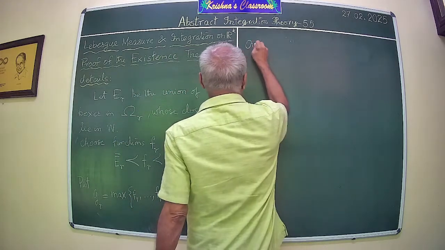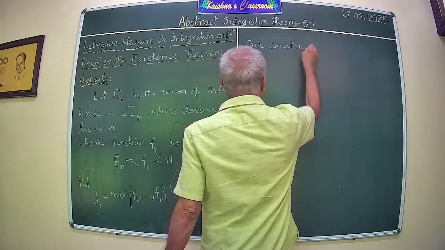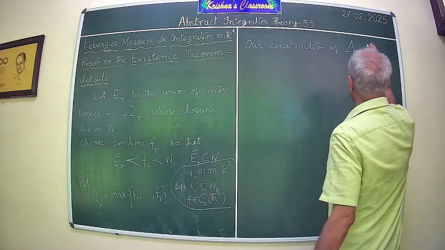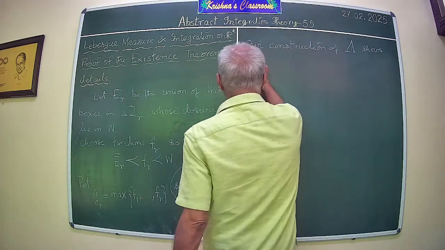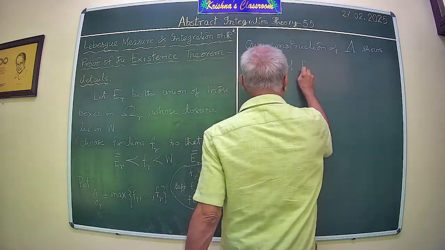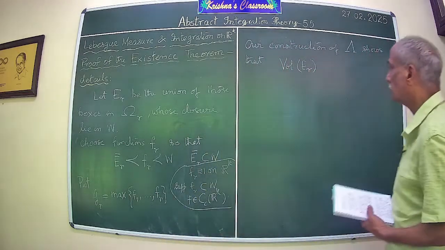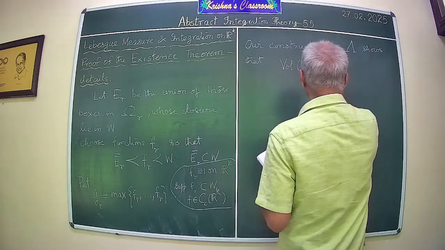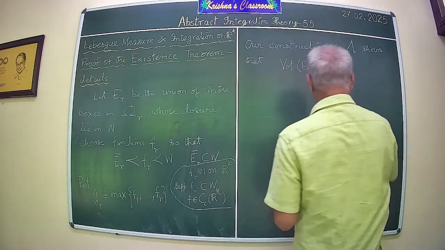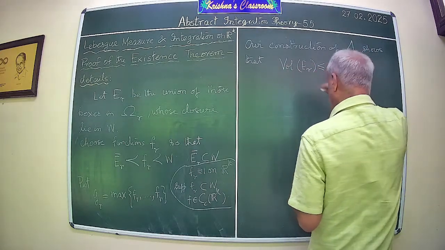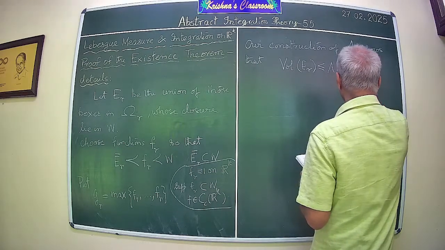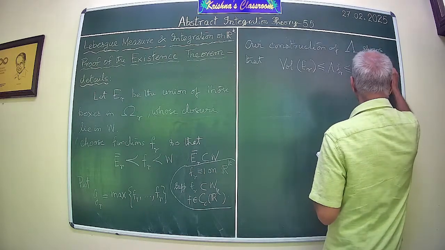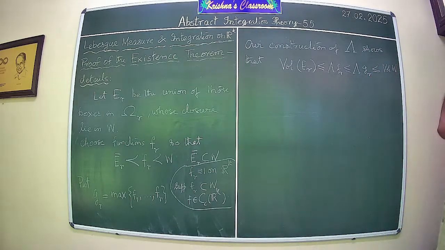In our construction of lambda shows that volume of ER, look at the definition of ER, is less than or equal to lambda of FR, is less than or equal to, because GR is the maximum of F1 up to FR, this is equal to lambda of GR, which is less than or equal to volume of W. That's clear.